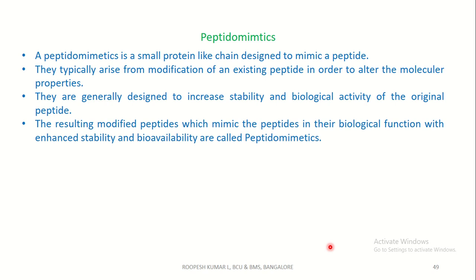They are generally designed to increase the stability and biological activity of the original peptide. The resulting modified peptides which mimic the peptides in their biological function with enhanced stability and bioavailability are called peptidomimetics.